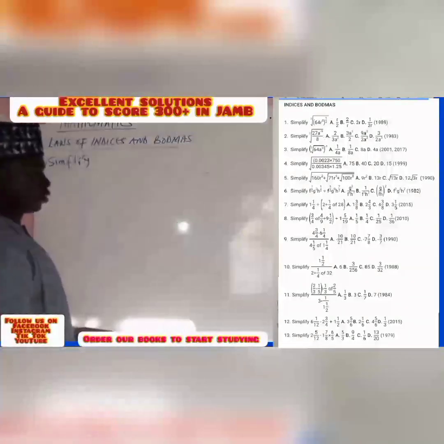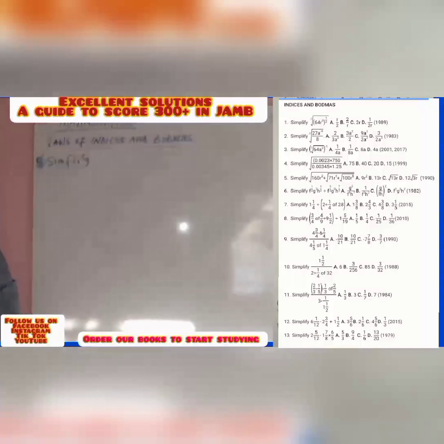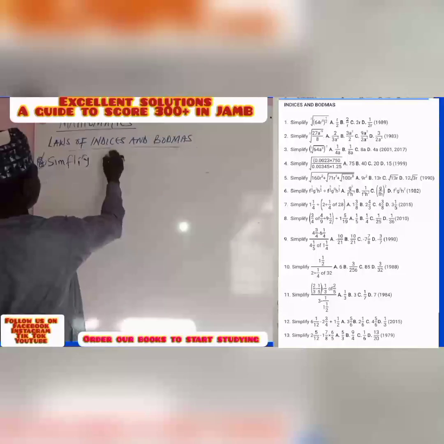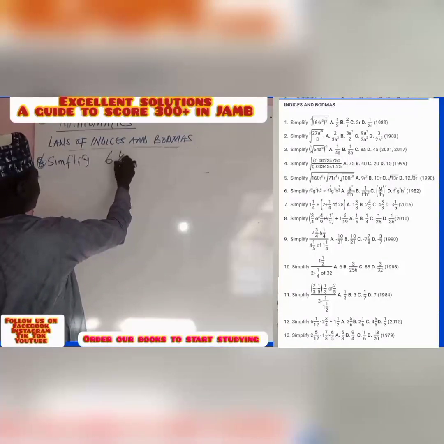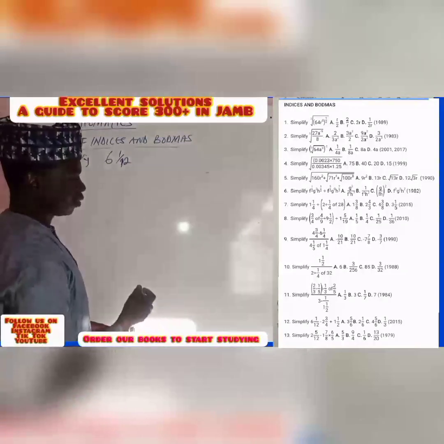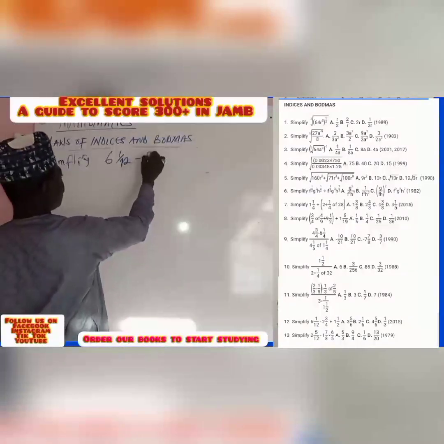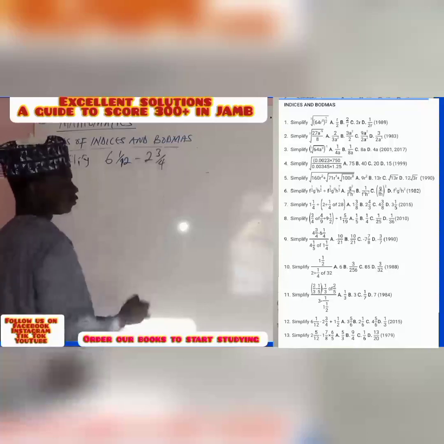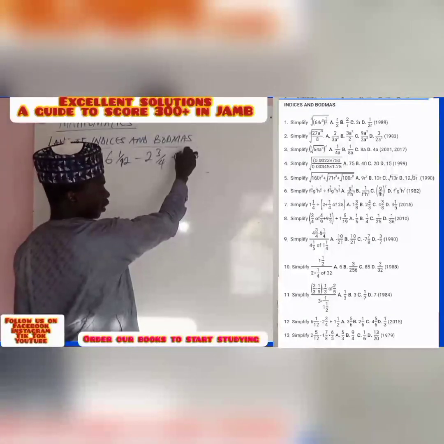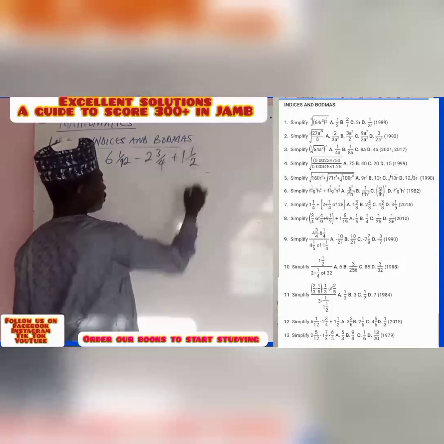And going into question 12. Question 12 says simplify 6 whole number 1 over 12 minus 2 whole number 3 over 4, then plus 1 whole number 1 over 2.